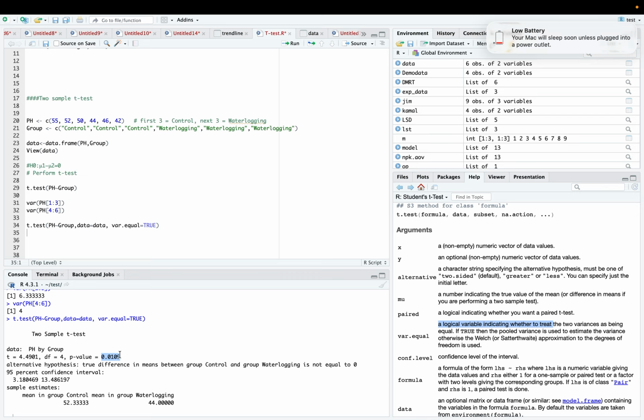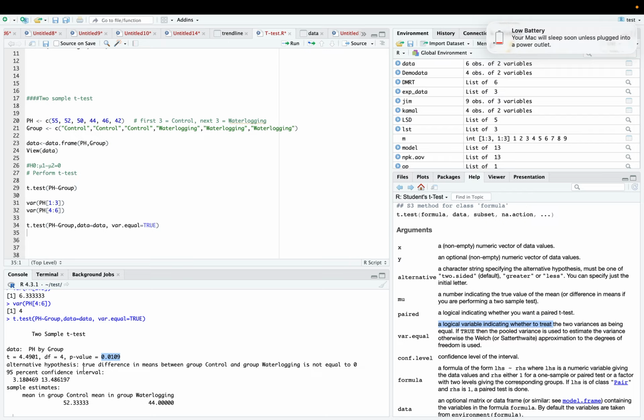The p value is 0.01, which is lower than 0.05, so there is significance between the groups. Again, the null hypothesis is that mu1 minus mu2 equals 0, meaning there is no difference between the group means of control and waterlogging.